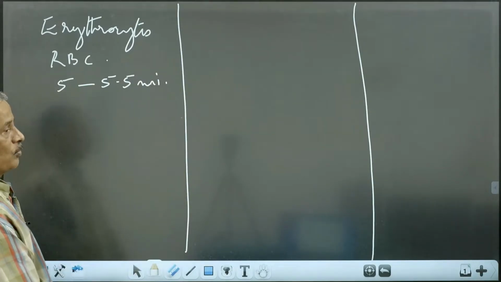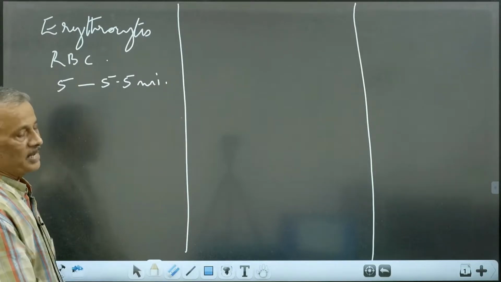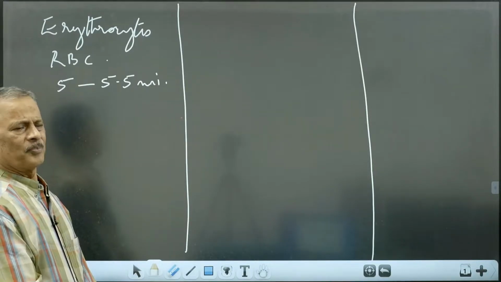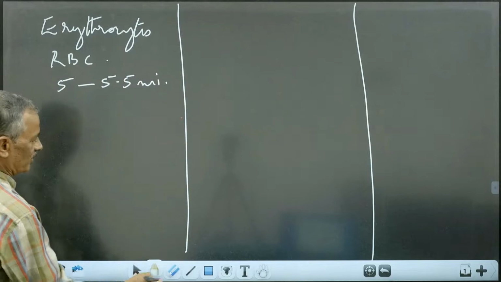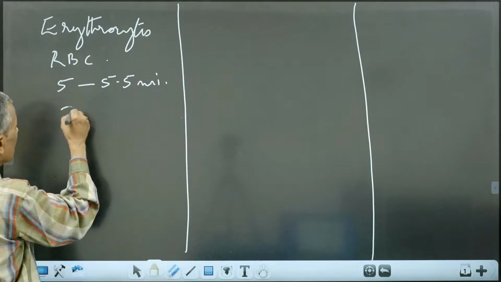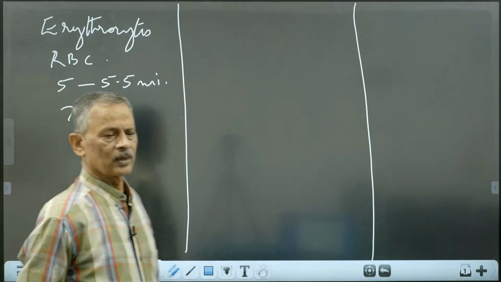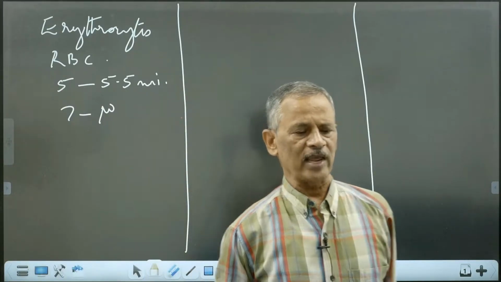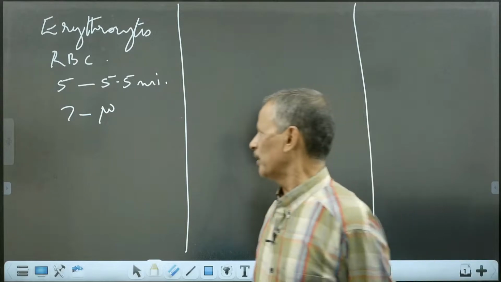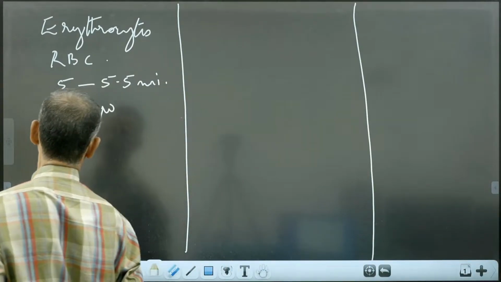That is our count, 5 to 5.5 millions. They are having an average size of 7 to 8 mu is the correct value. We take 7.5. So minimum 7 mu.